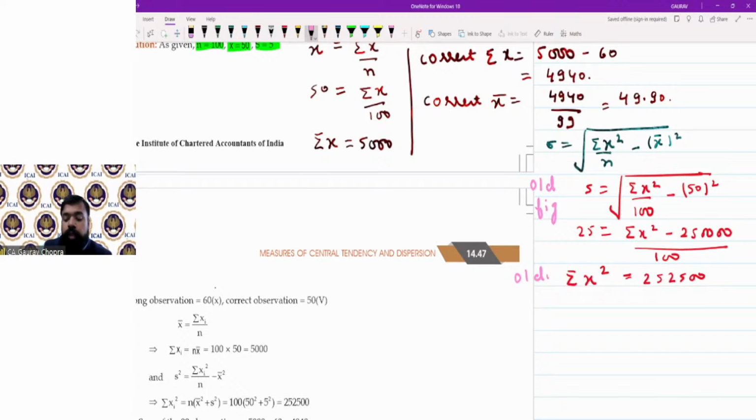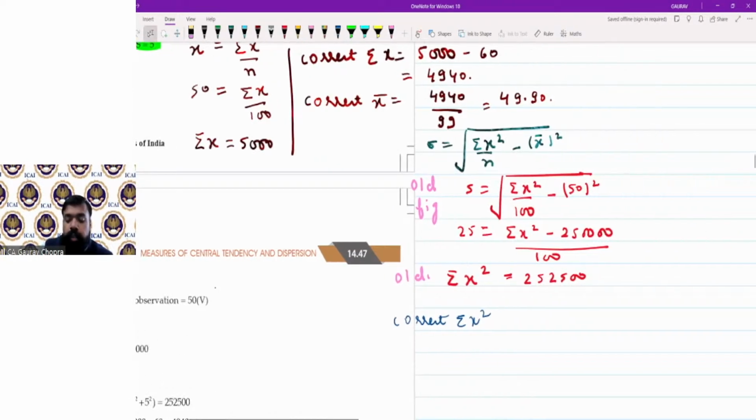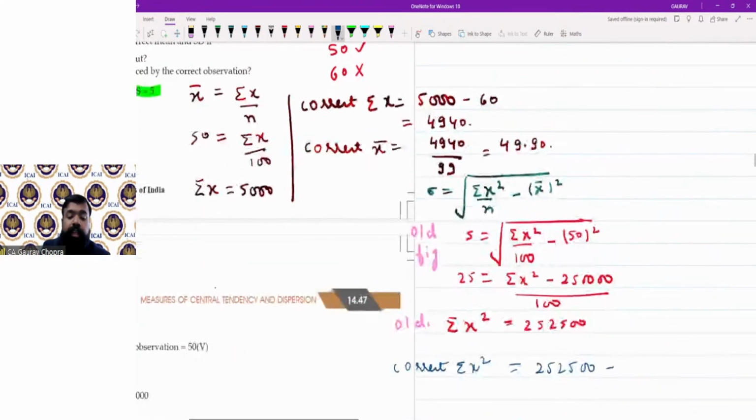Now we have to do the correction. So the correct sigma x square will be 2,52,500 minus, so we have to remove the incorrect observation. What was the incorrect observation? It was 60. But we don't have to just remove 60. We have to take the square of 60 and then remove it.